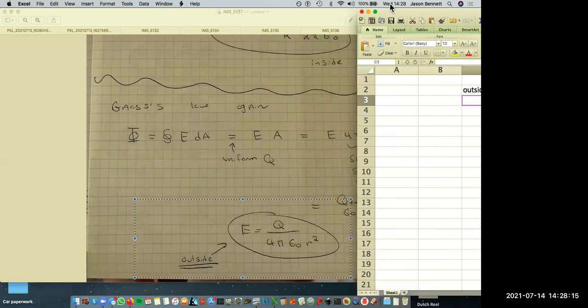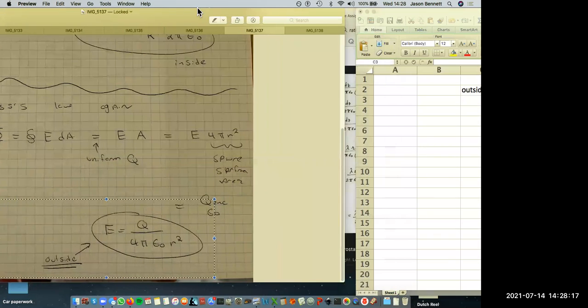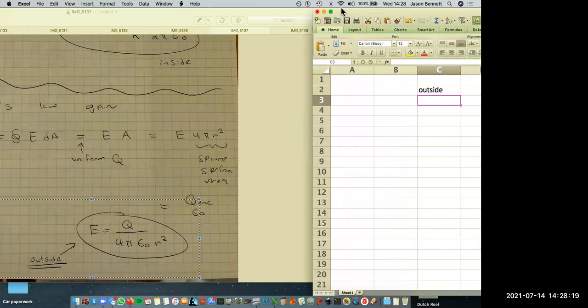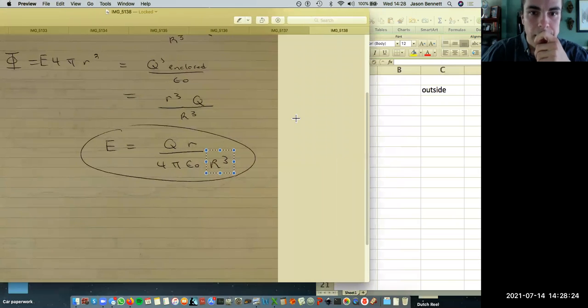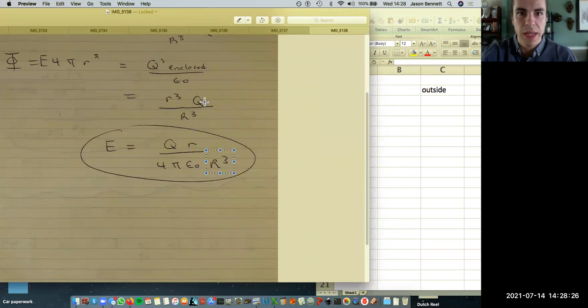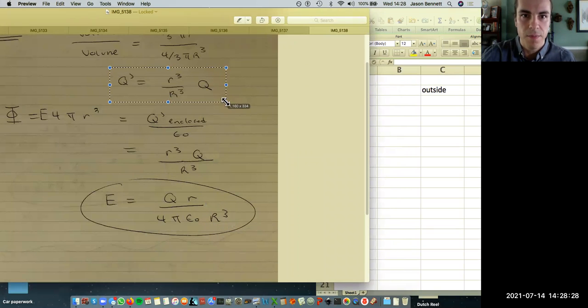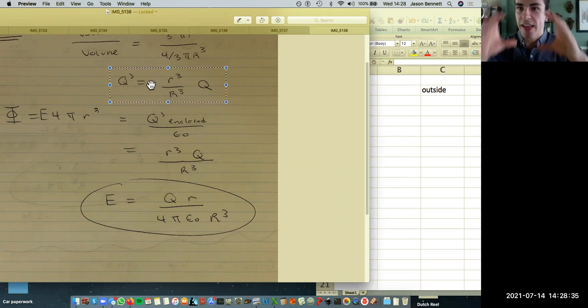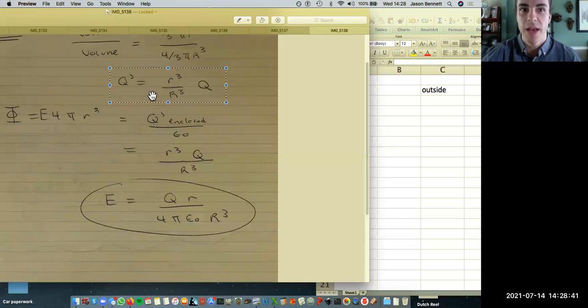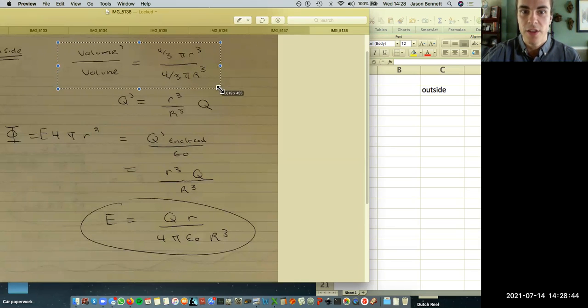Isn't the final Q supposed to be Q prime? No, because I replaced it, since I don't know what Q prime is. Q prime is like an imaginary construct. It's how much charge is in this imaginary pillbox or Gaussian surface. The reason I did this was because I know what Q is.